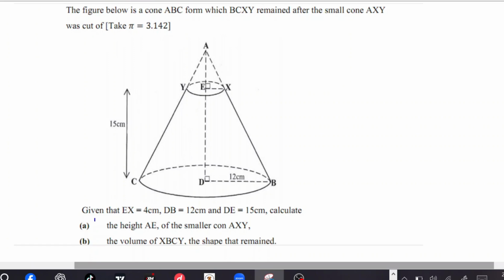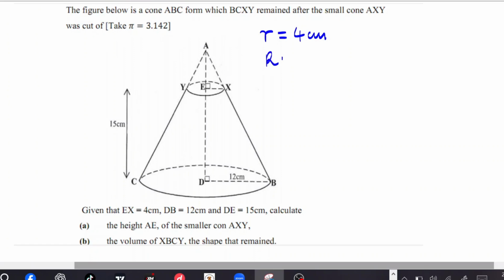So the question says, given that EX, the radius of the small cone, r is equal to 4 centimeters. And then they're saying DB is the radius of the bigger cone ABC.